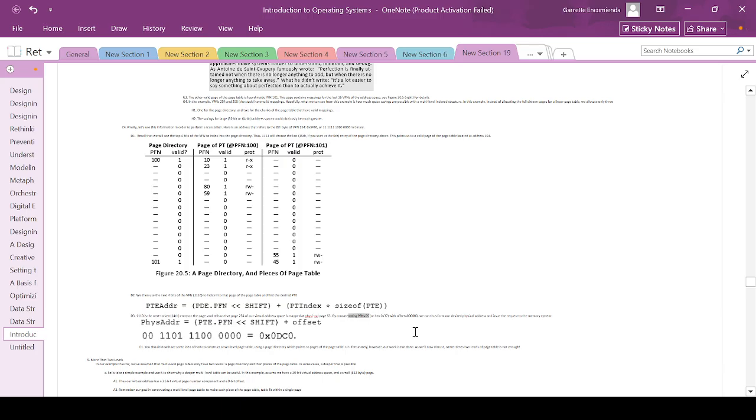By concatenating PFN equals 55, or hex 0x37, with the offset 0000, which is the last digits here, 1, 2, 3, 4, 5, 6, we can thus form our desired physical address and issue the request to the memory system. So here's the physical address, pte.pfn shifted plus offset.